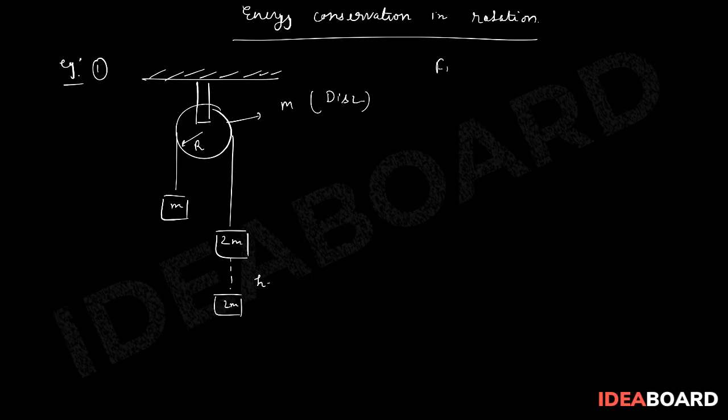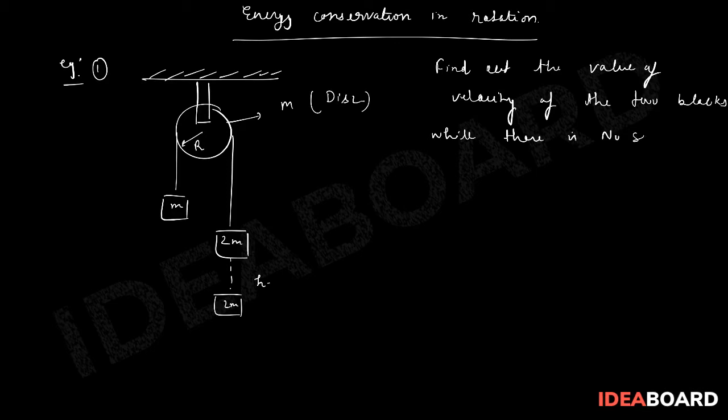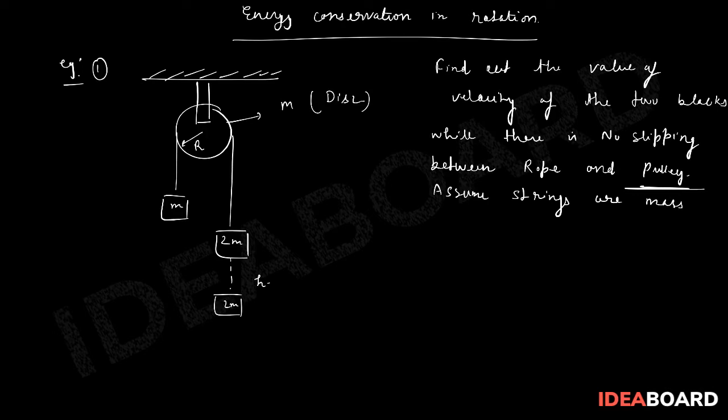Then my question can be find out the value of velocity of the two blocks while there is no slipping between rope and pulley, okay, and assume strings are massless, okay. So this is our question.